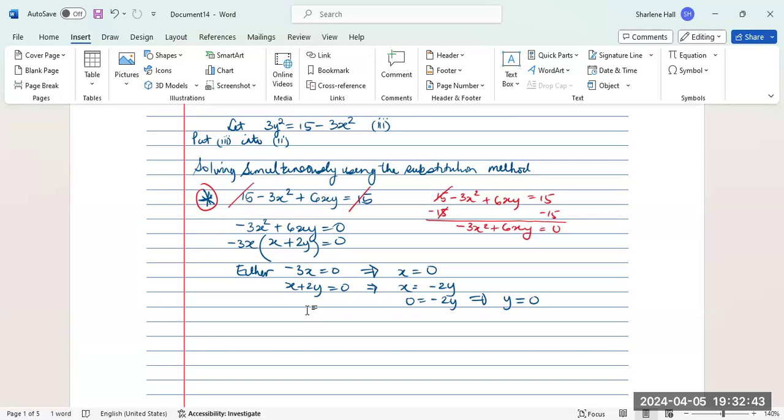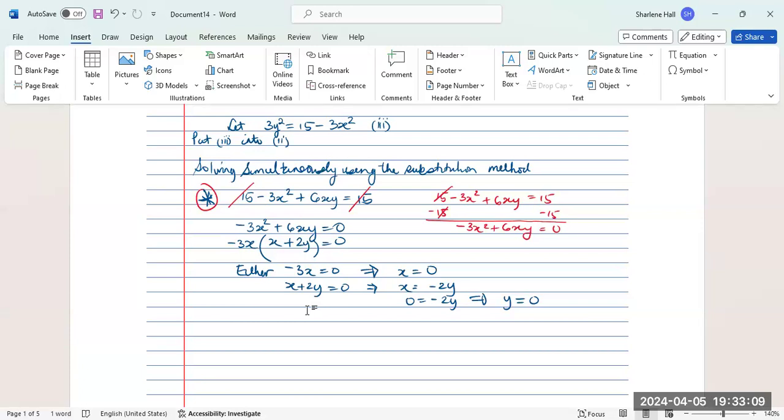Yes, sir. 0 divided by negative 2 is going to be 0. Once the 0 is in the numerator, you get 0.